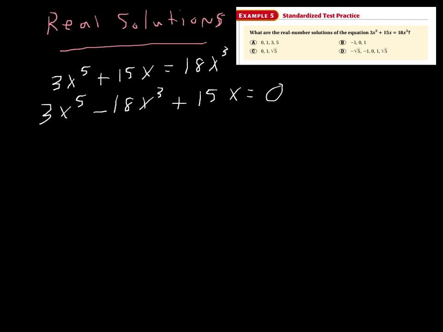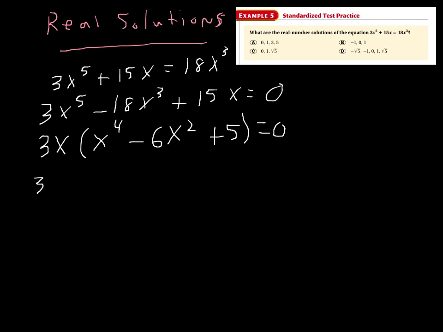Now we factor out our monomial, 3, and the most amount of x's I could pull out is just x to the first, leaving us with x to the fourth minus 6x squared plus 5 equals 0. And we can continue to factor. Our x to the fourth breaks into x squared and x squared.